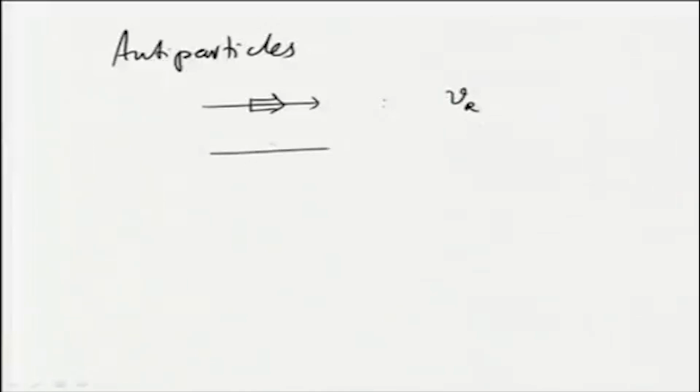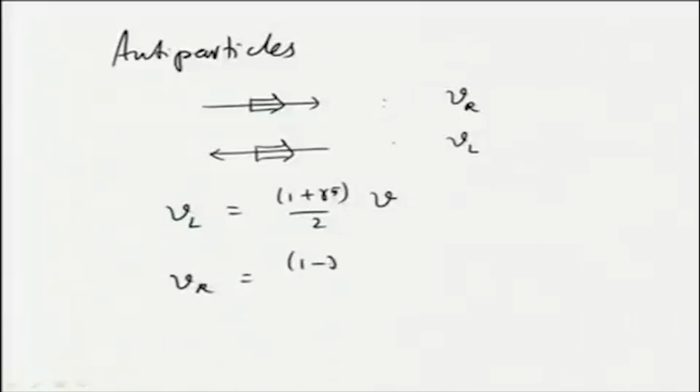Similarly, for antiparticles, it is again the same notation, v_R for the right-handed ones and v_L for the left-handed ones, and v_L is (1 plus gamma 5)/2. We know it is the other way around, v_R is equal to (1 minus gamma 5)/2 v.